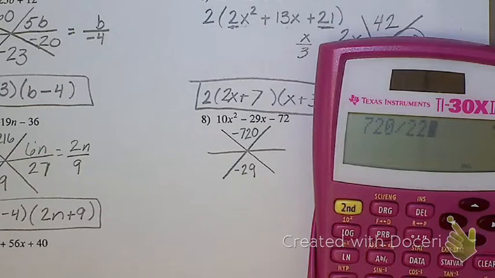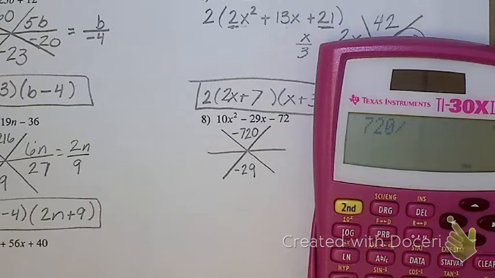So let's see, 22? Nope. 23? Nope. 24? And 30? Getting there. 26, 28. I don't think I'm going in the right direction, am I?